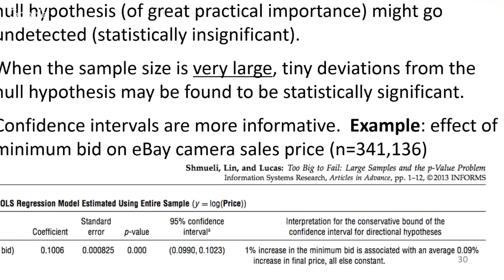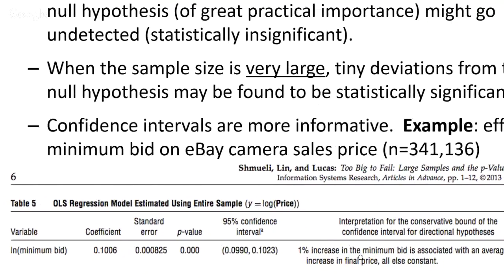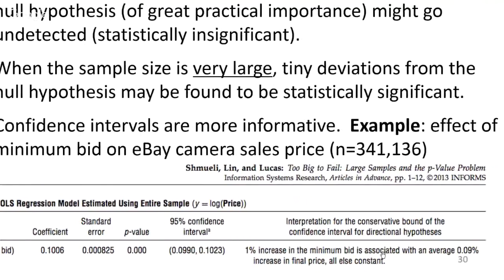I'm actually not, it's a little bit more complicated there than the interpretation they give because of this log transformation. So actually, a 1% increase in the minimum bid would be associated with, this is true, but it's a multiplying factor, not just an additive factor.